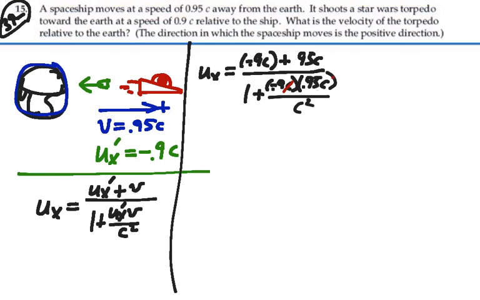All these c's here cancel out, and this is equal to 0.05 c over 1 minus 0.9 times 0.95.